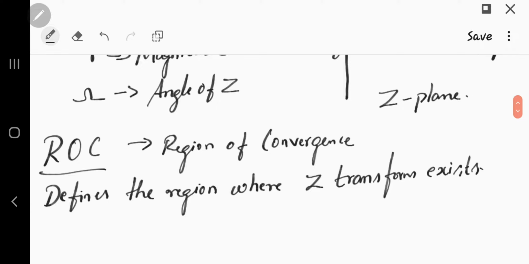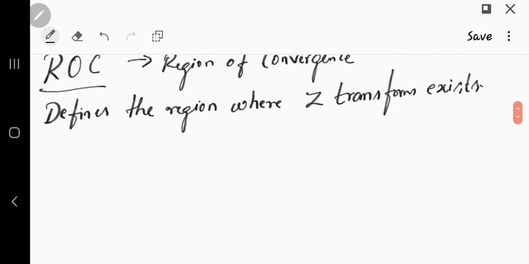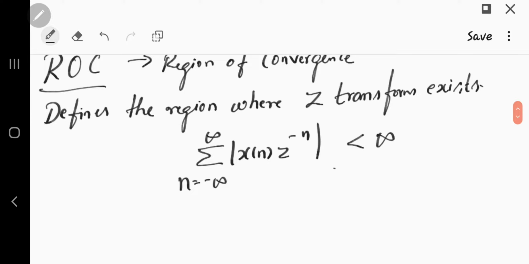And since this Z transform is a power series, it converges when x of n z to the power of minus n is absolutely summable. That is, we can represent this as summation n varying from minus infinity to plus infinity of the absolute value of x of n z to the power of minus n, and this value should be less than infinity. Absolutely summable means less than infinity.